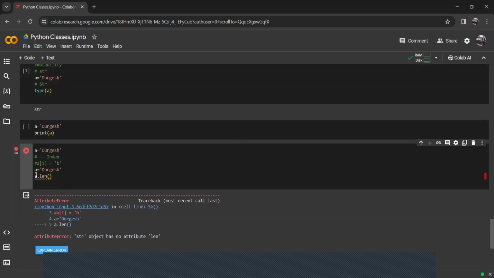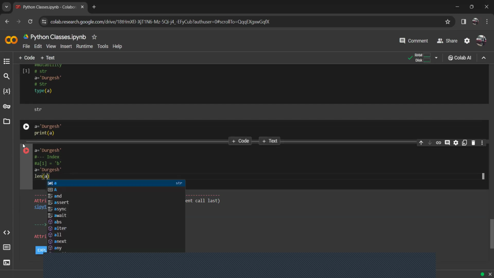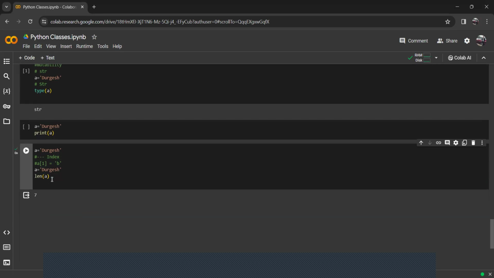Can we write it like this? And if I'm writing it like this, len of a, is this thing correct? This thing is correct.